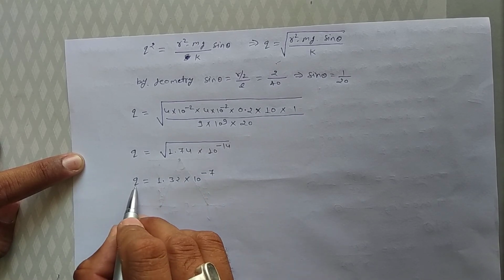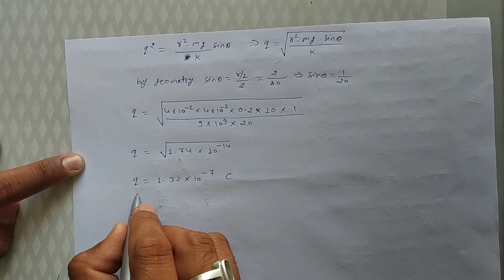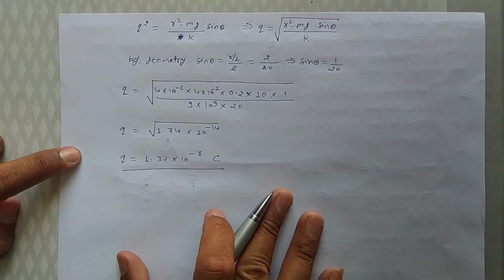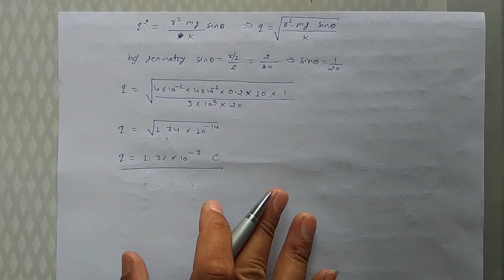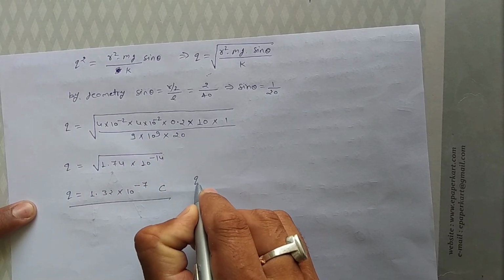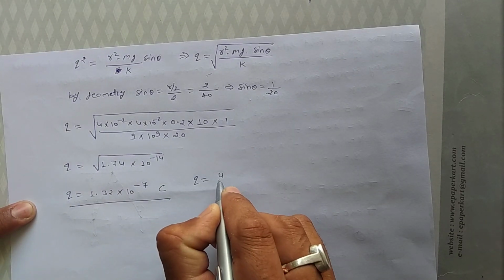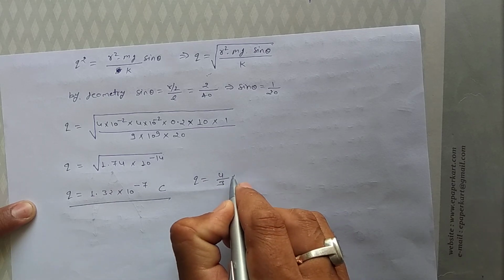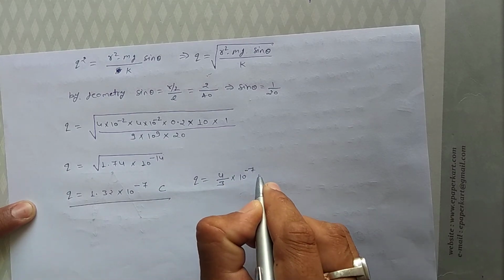The unit of charge is coulomb. This is the solution of this question, 1.32 into 10 to power minus 7 coulomb.